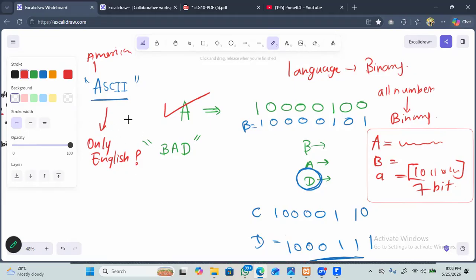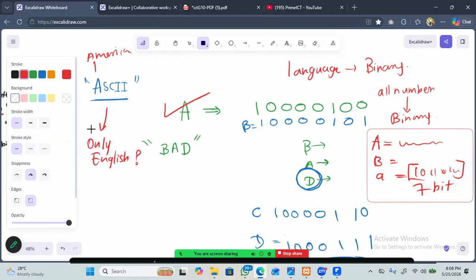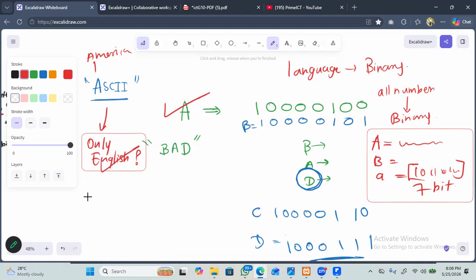Do the Americans use any other language? No, right? So ASCII has binary values for what letters? English letters only.